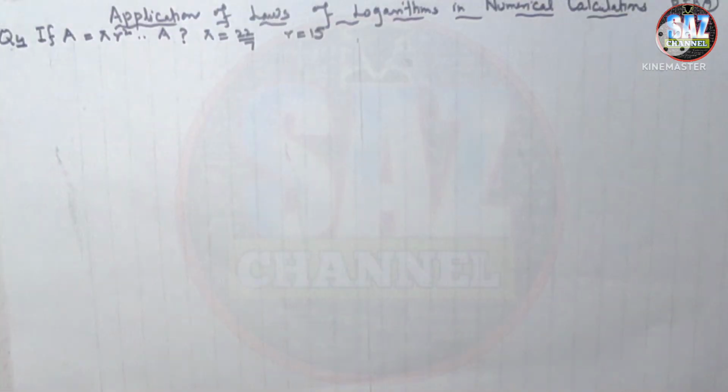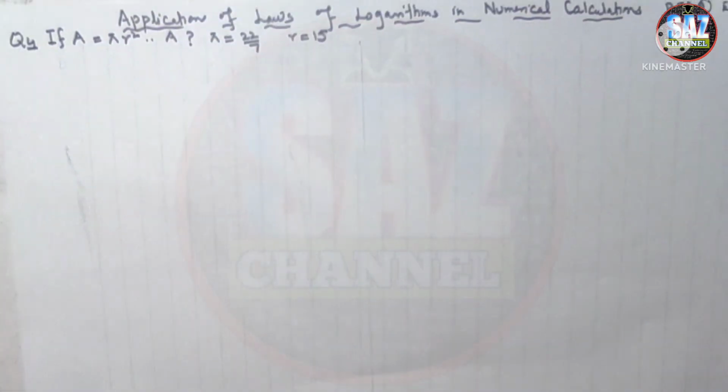Let me read the question from the book. Question says that if area A equals pi r square, we have to find the value of A, where pi is equal to 22/7 and radius is 15.